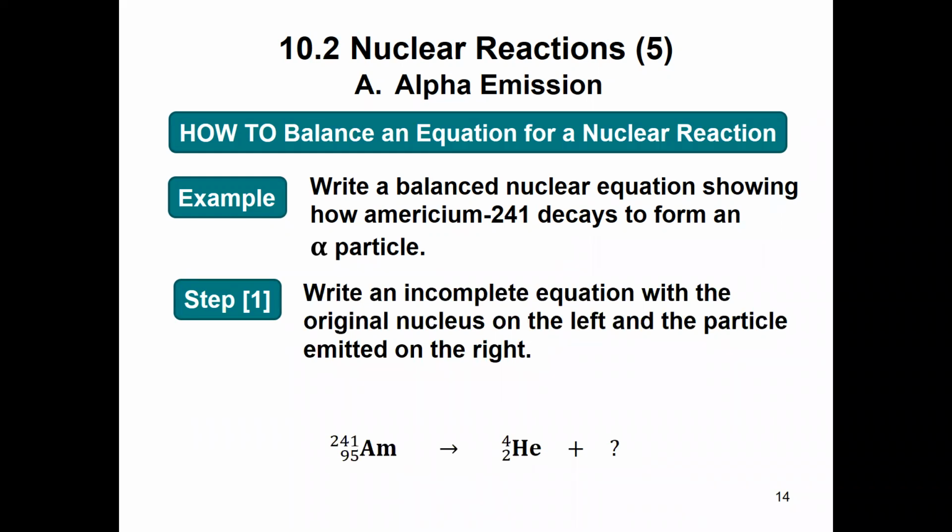And you draw the arrow, and then we know it's an alpha particle, and an alpha particle is represented by the nucleus of helium with 2 neutrons and 2 protons. So mass number 4, atomic number 2. So that's the first step. That's extracted from the text of the problem.